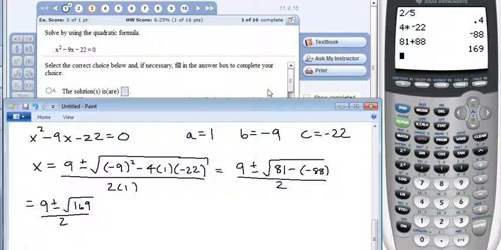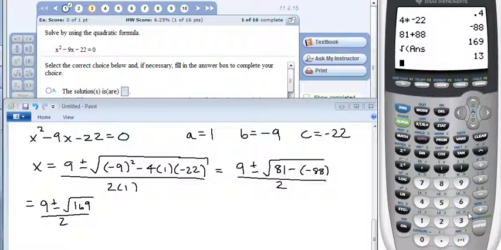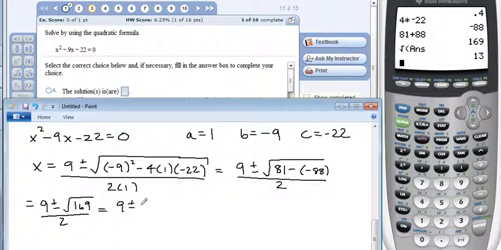And the square root of 169, I believe, is 13. Yep, so this is a nice, simple one again. 13 over 2.